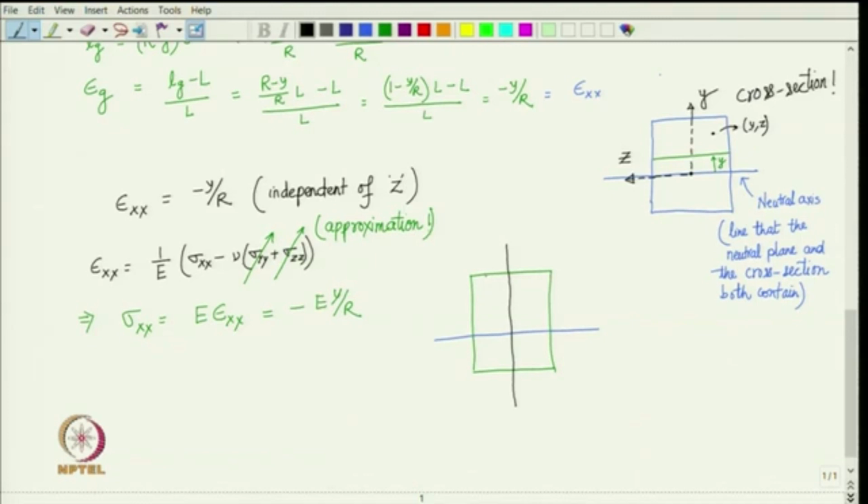So, if we draw the variation, then this is how sigma x x is going to vary. Okay. So, this is the compressive side, whereas this is the tensile side.